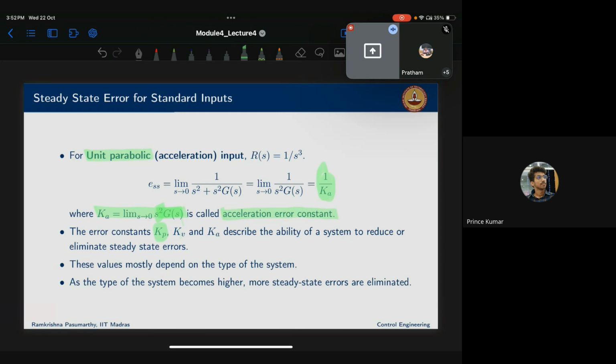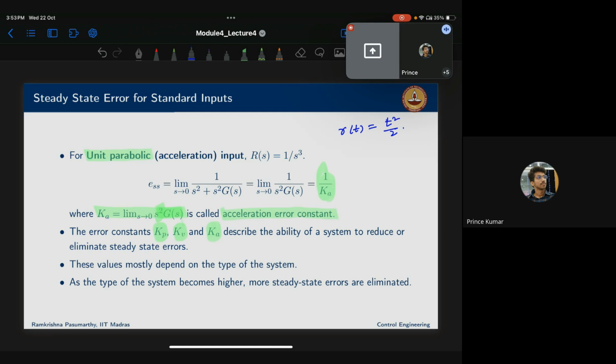Sir, I have a doubt here. For the unit parabolic, the Laplace should be 2 by s cube, right? No, that constant we will not consider. For a unit parabola, r of t we take as t square by 2.